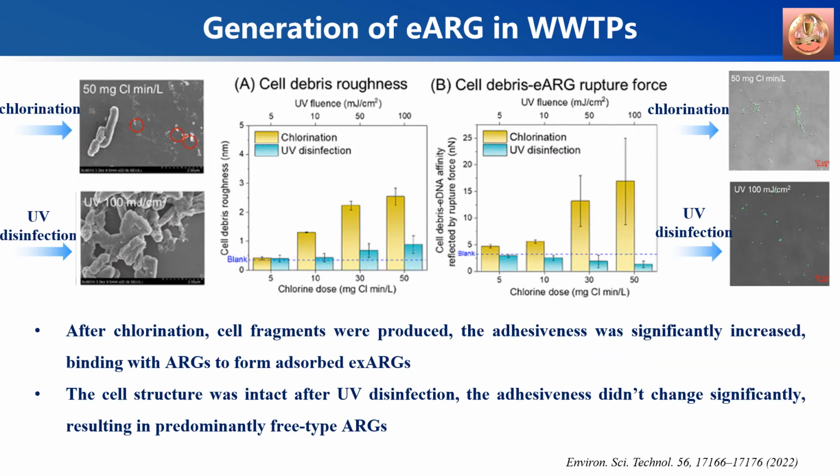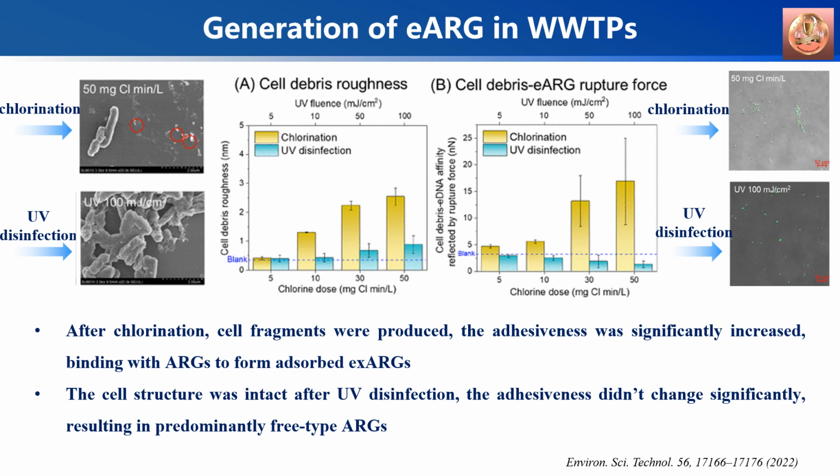And then we explore the mechanism. We found that after chlorination, cell fragments are produced, and they can adsorb the ERGs. So this made the generation of the adsorbed form of ERGs. But for UV disinfection, the cell structure was basically intact after disinfection, and their adhesiveness didn't change significantly.